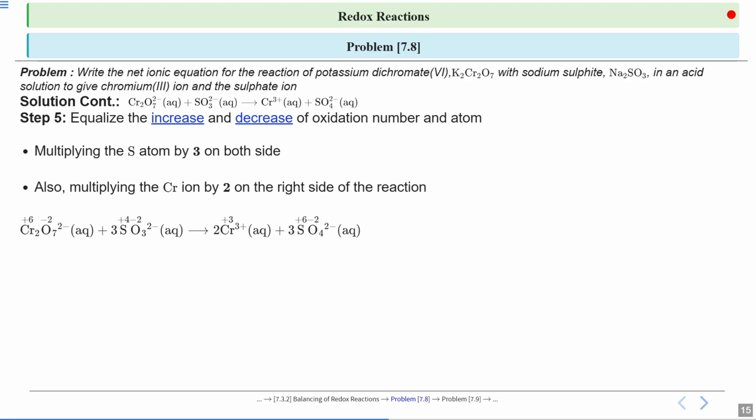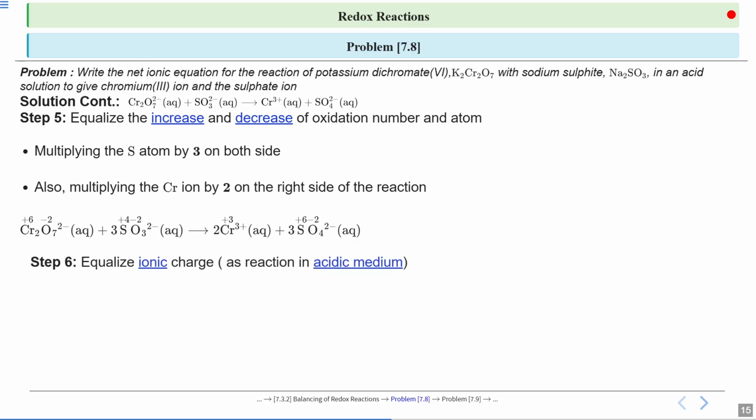If we have to maintain a balance for the atoms, we have to keep the chromium and the sulfur atoms equal. By multiplying the sulfur by 3 on both sides, the sulfur atoms will get equalized, and by multiplying 2 with the chromium atom, the chromium atom will also get balanced.